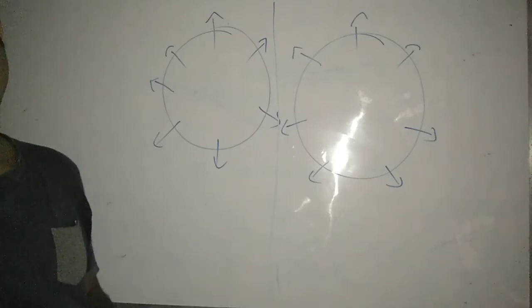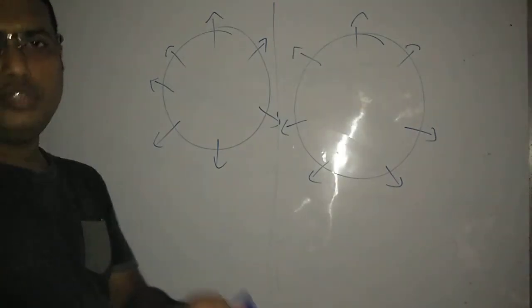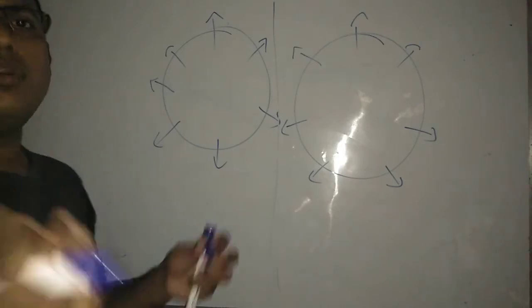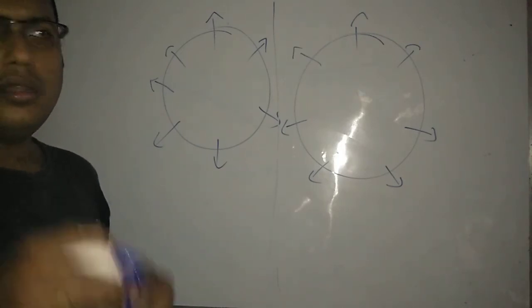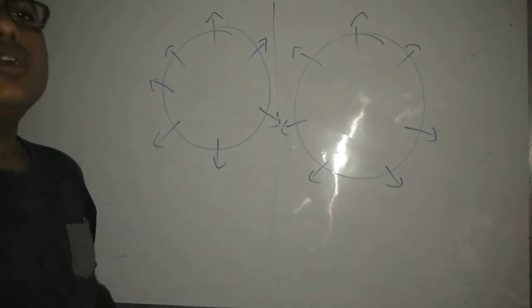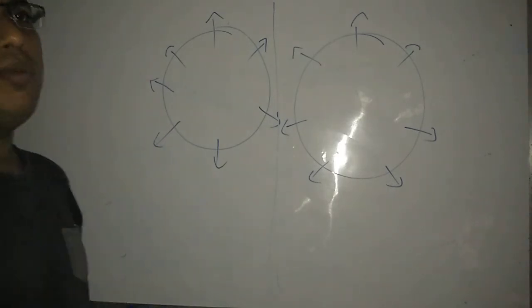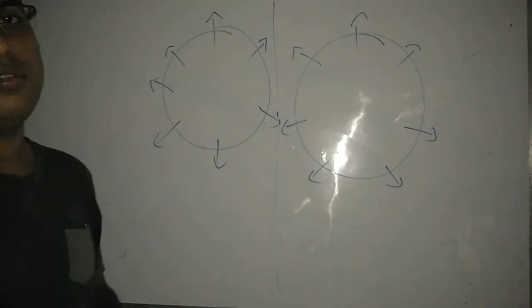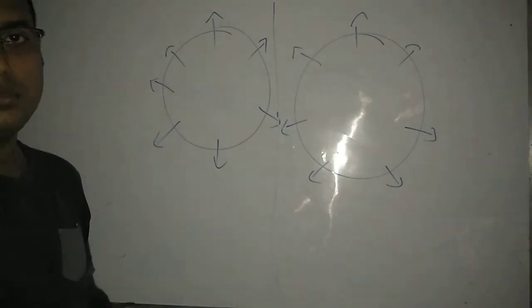So we take two circles and try to arrange A to G, all the members around the circular table, facing outside the circle, right? Come to the information. The first information is F is sitting third to the right of E. All members are facing outside of the circle.